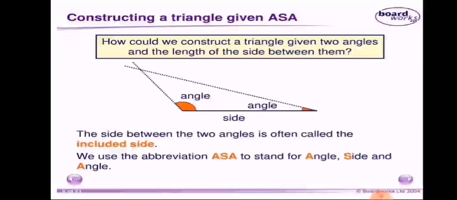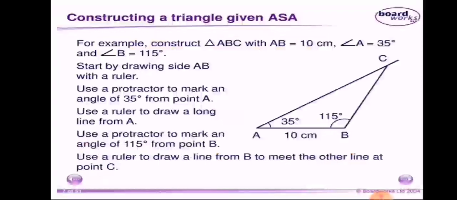Now how to construct the triangle when two angles and one included side are given. Let us see with an example. Construct a triangle ABC with AB equal to 10 cm, angle A equal to 35 degrees and angle B equal to 115 degrees. To draw this triangle, first of all, you have to draw the base AB of 10 cm with the help of a ruler.